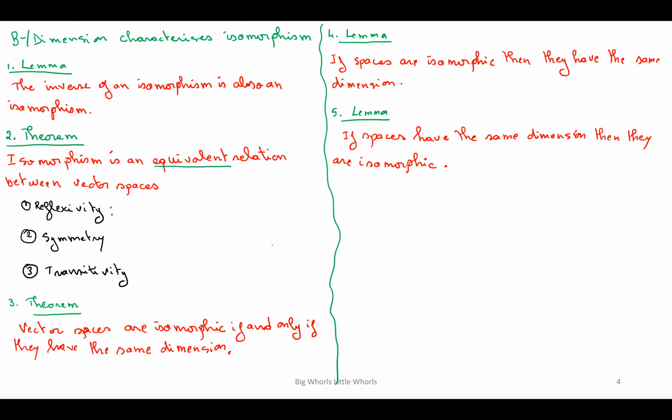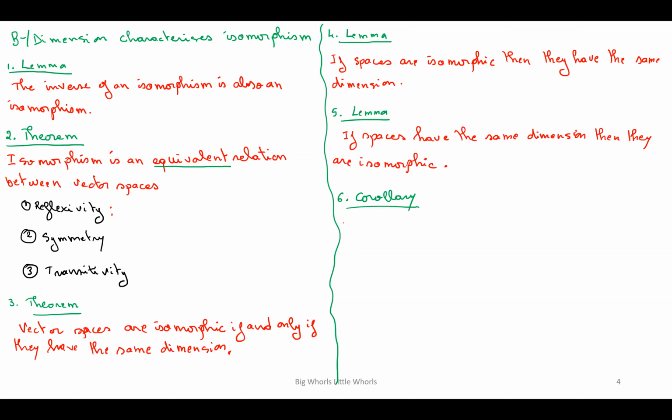Okay, then let's have a look at our final concept today, which is a corollary. It says the following. It says that each finite dimensional vector space is isomorphic to one and only one of the Rn. So it's basically the canonical representation of an isomorphic vector space.